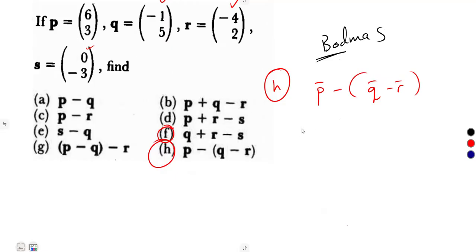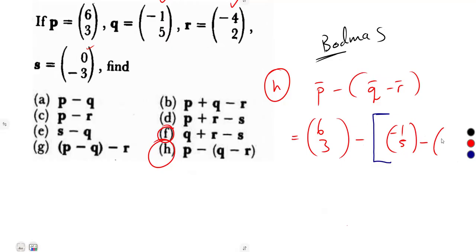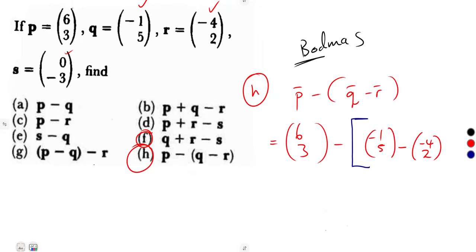So vector P, 6, 3, all right, minus, here we are going to consider adding these two first. Vector Q, which is negative 1, 5, minus vector R, which is minus 4, 2, like this. So this is the idea.